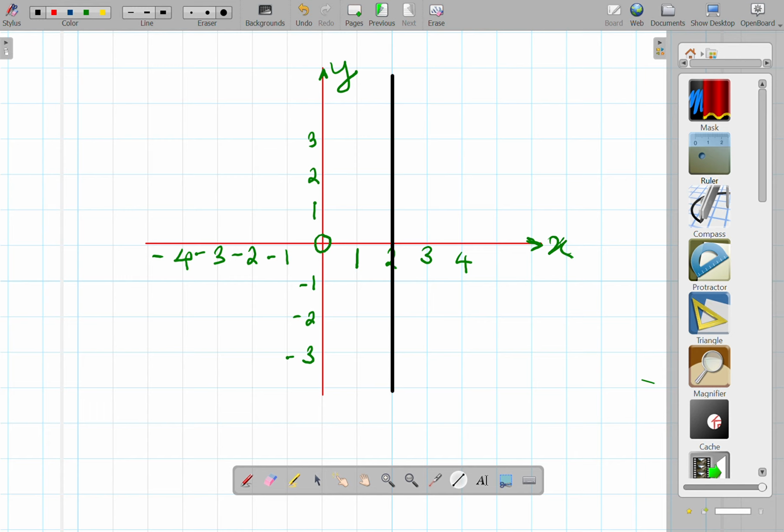On this side on the right, we're saying it is the greater part of the line. Then this side is the lesser part of the line. So this line has got a greater part and a lesser part.